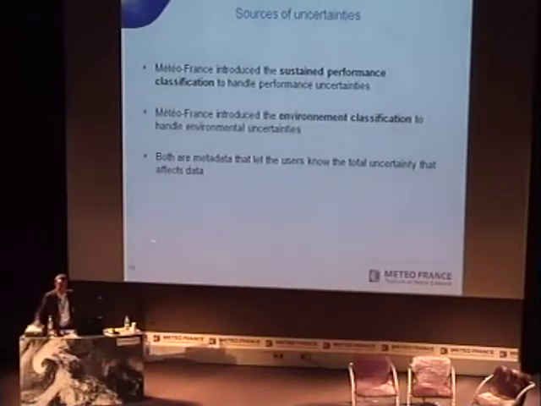To manage this information, we have two metadata that will carry a lot of information. The first one is the station performance classification, which is focused on the equipment and the operations of maintenance and calibration associated with this equipment, and a different metadata associated with the siting, which is the environment classification.